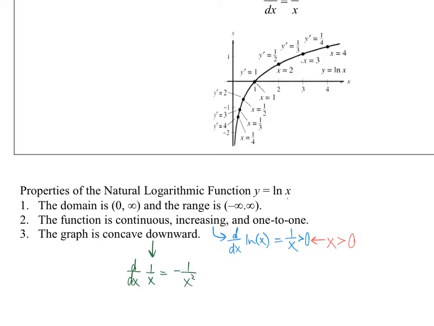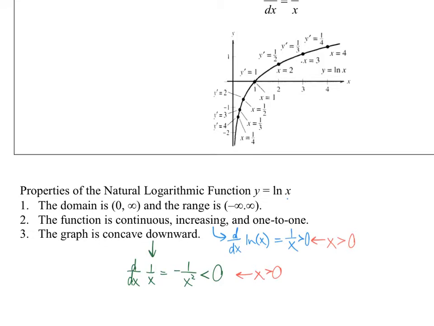If x is greater than 0, then 1/x squared will always be positive, so when I make it negative, it will always end up being negative. So that's always less than 0, which is why this is concave downward everywhere.